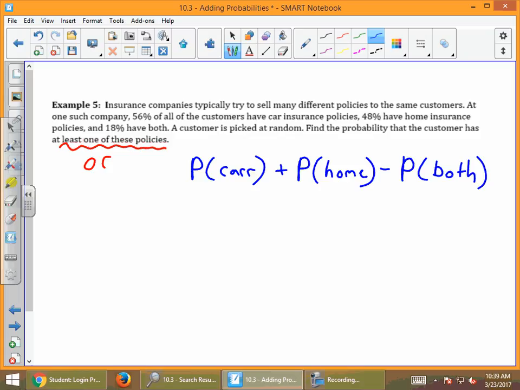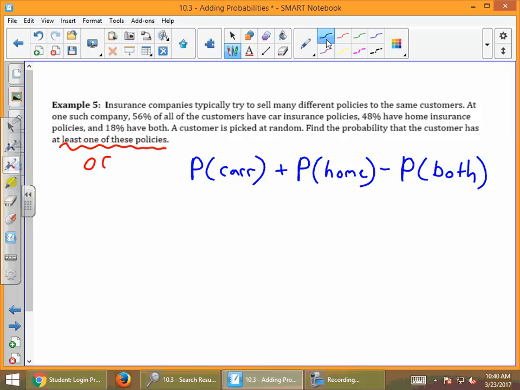If you notice, these are actually percentages. We don't really want to work with percentages. What do we like to work with in these problems? How do I turn this into a decimal? Move the decimal over two places or divide by 100, however floats your boat. I'm going to do the car insurance first.